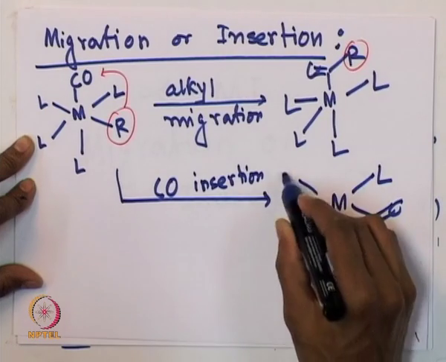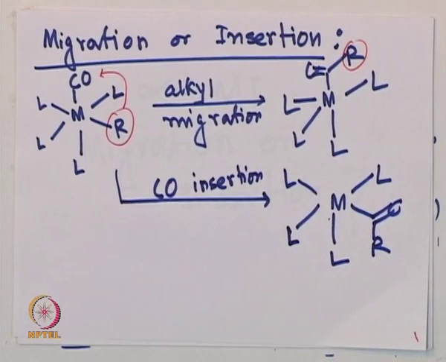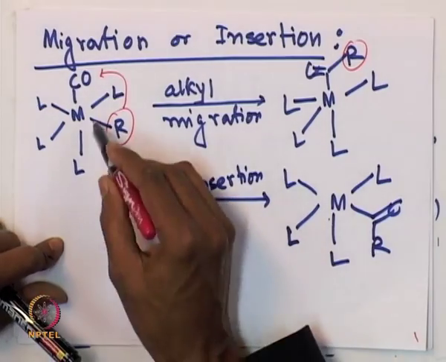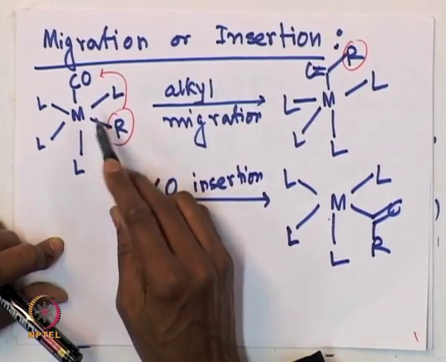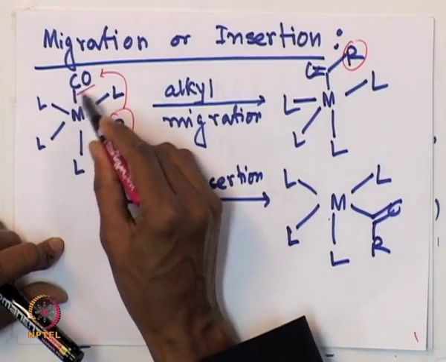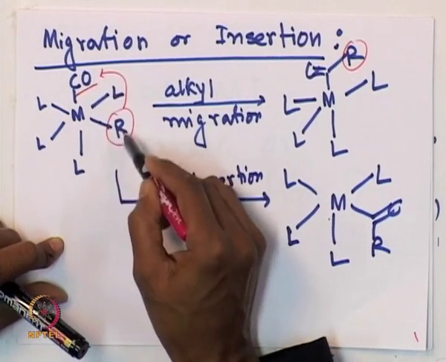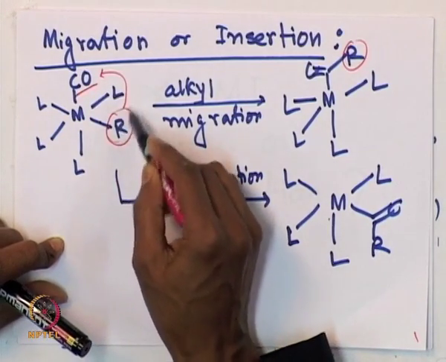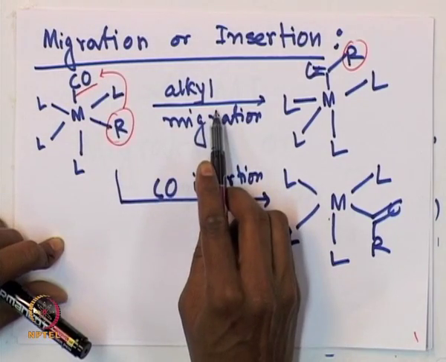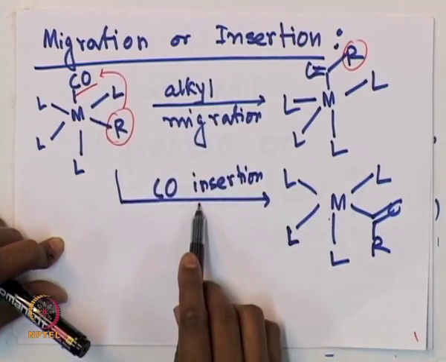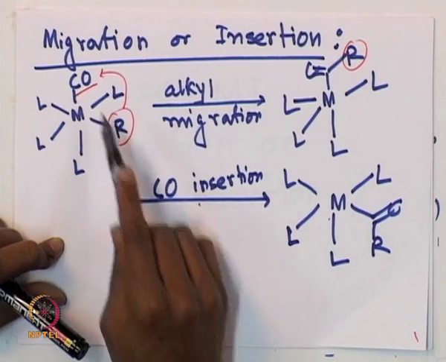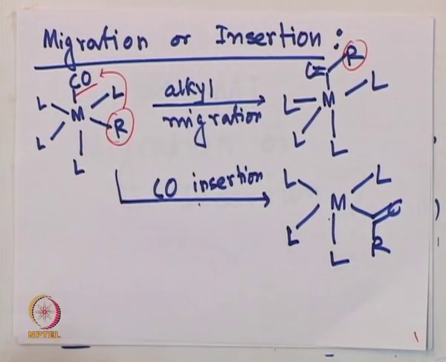Of course, it is again a pentacoordinated compound, and in this case CO is getting inserted into the R. This CO group is getting inserted into the R. So, in the first case R is migrating, that is what the alkyl migration is about. In the second case, we were saying that CO is getting inserted into the R bond.